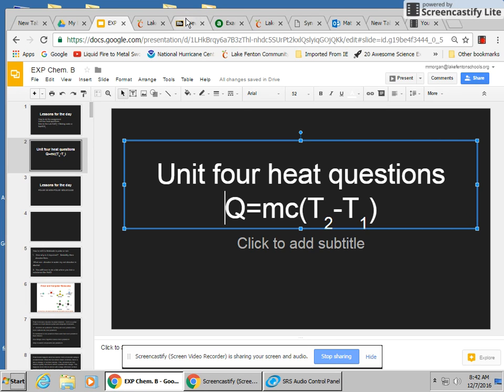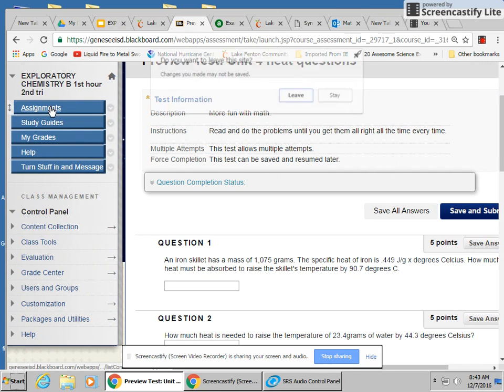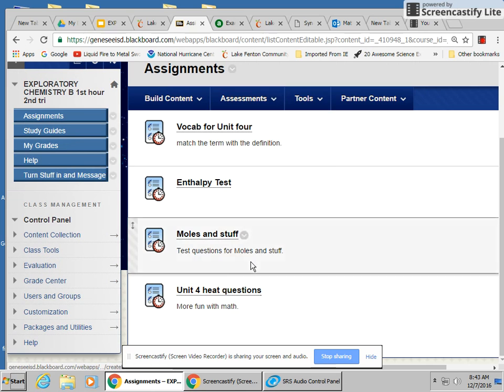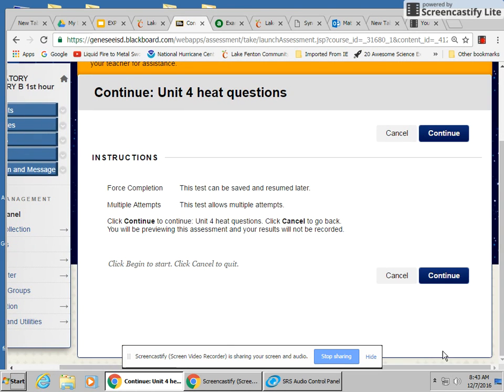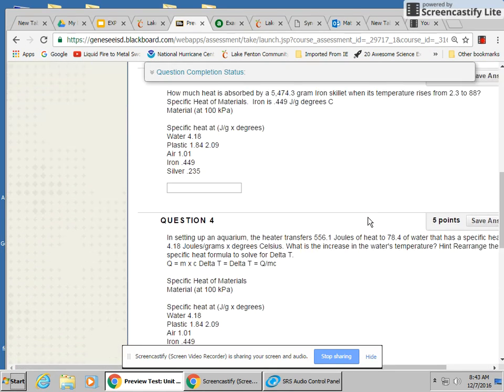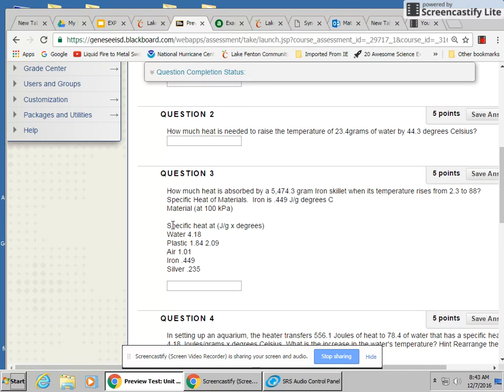So as we come into, we can just close this out, go to assignments, because it will reload all the questions. So we're looking at Unit 4 heat questions, and you'll see that I have the equation listed here a couple of different times, and these are all the specific heats that you need.